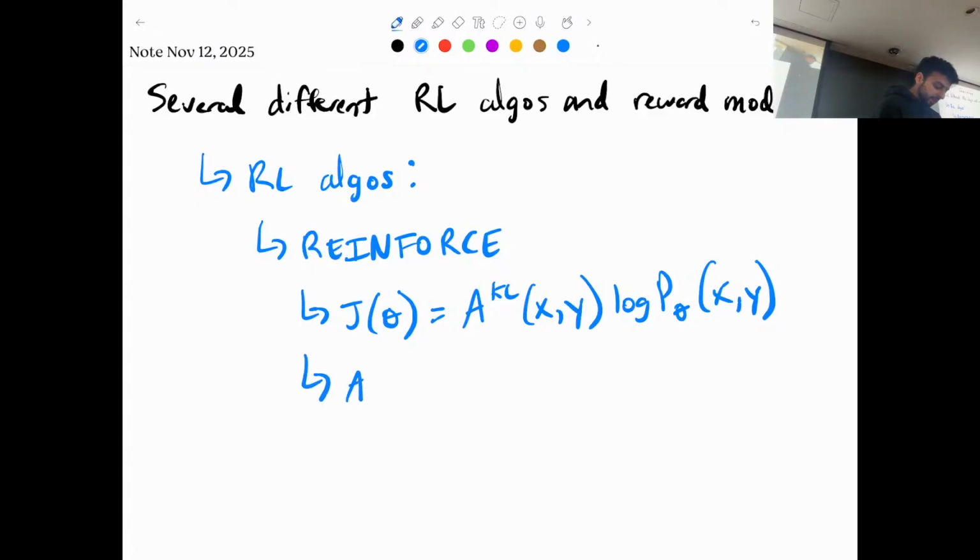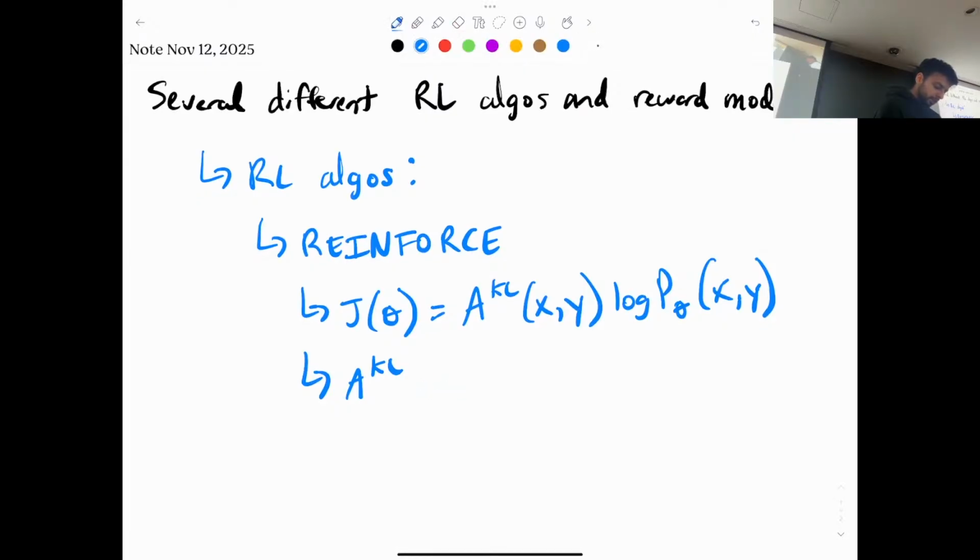So we talked about a KL incorporating, is the reward minus the KL divergence between p theta and p SFT.